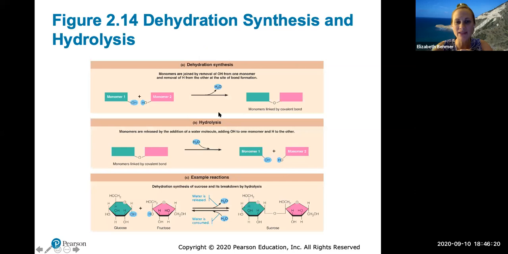What that basically means is monomers will be joined together by the removal of water. So we call it dehydration synthesis because they are being dehydrated. They are combining their OH group and a hydrogen group, and taking out a water because that forms an H2O. So dehydrating, taking out a water.